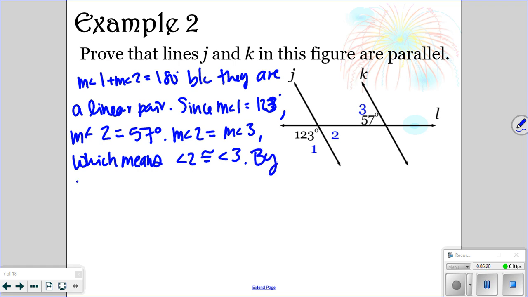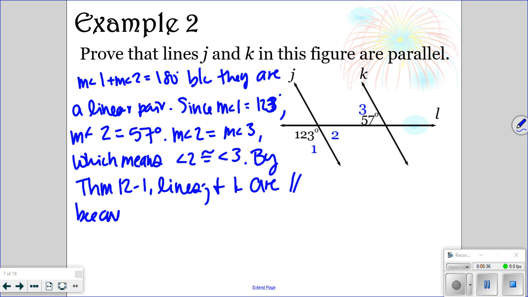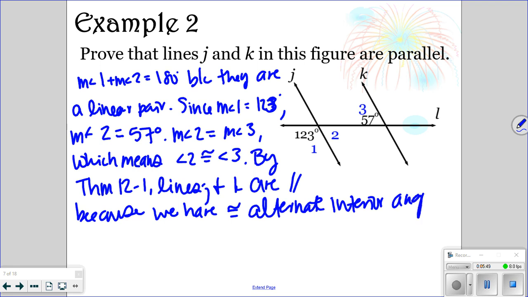By theorem 12.1, lines J and K are parallel because we have congruent alternate interior angles. So that's one way you could write it out. You need the same information, but it doesn't really matter how you actually write it out.